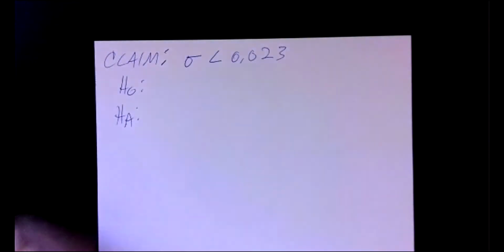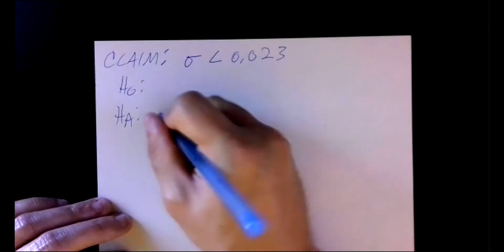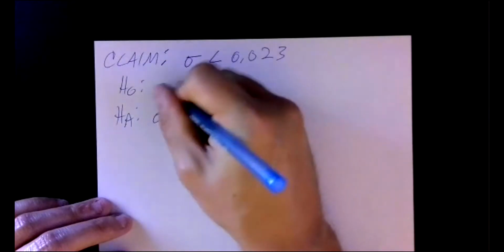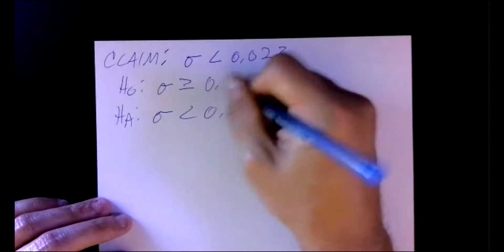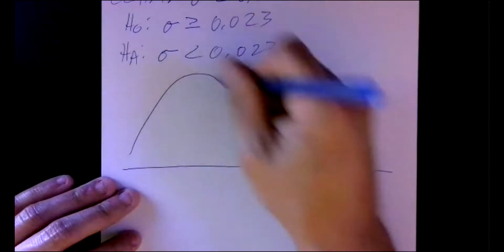State the hypotheses. This does not contain equality, so it goes to the alternative. The null will be greater than or equal to 0.023. Because we're using standard deviation, we're using the chi-squared distribution.